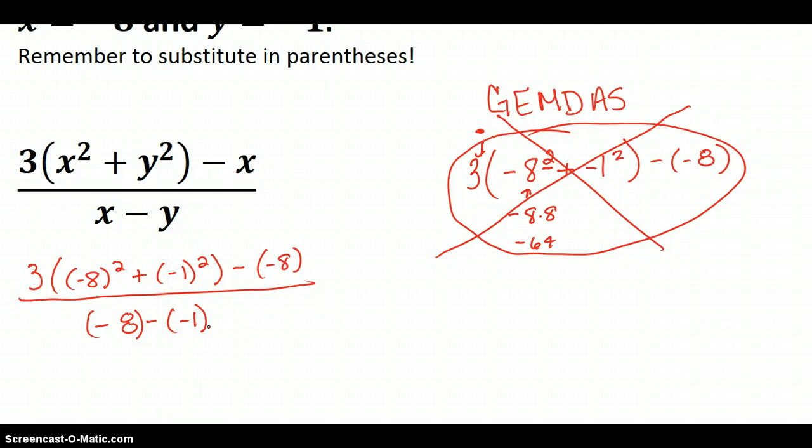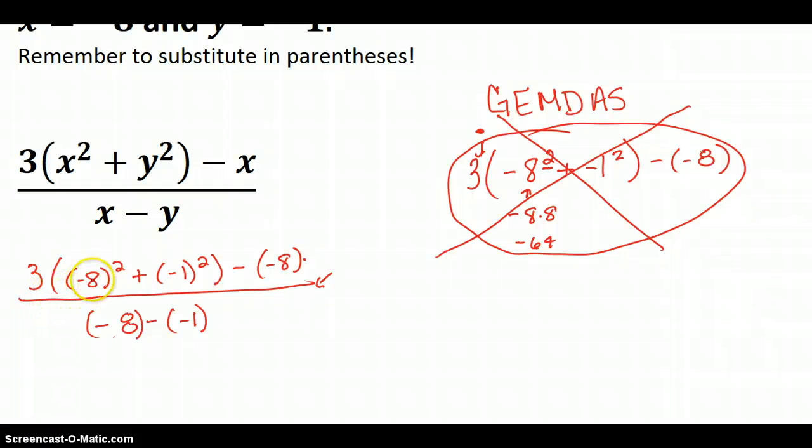Okay, now I'm going to work through. Remember that this fraction bar is a grouping symbol, so you have to do everything on the top separate from the bottom. Don't try and cancel out this guy and this guy. It will not work. You'll get a wrong answer. And the reason that order of operations is so important is because everyone around the world has to be doing math in the same order.